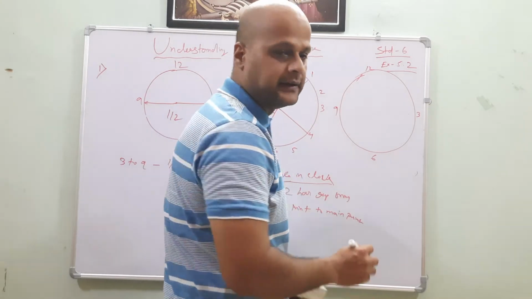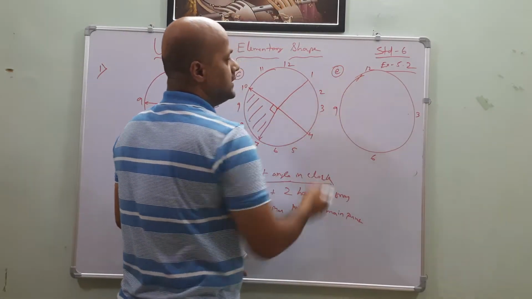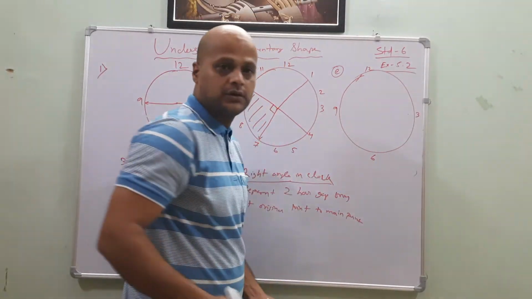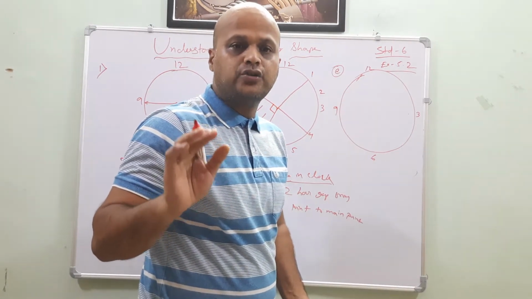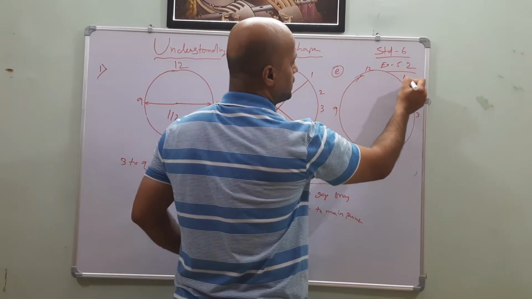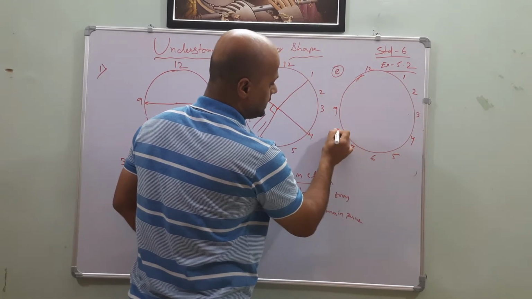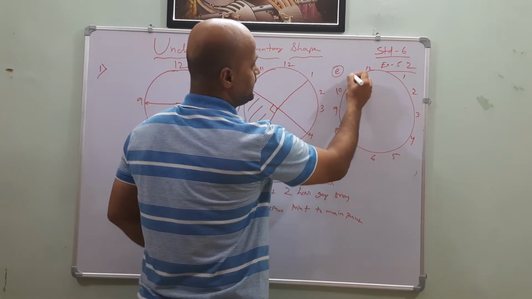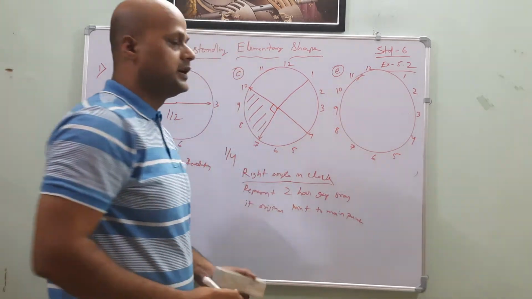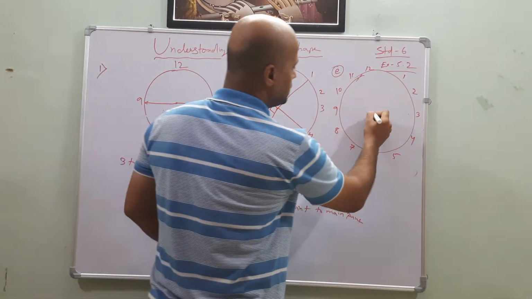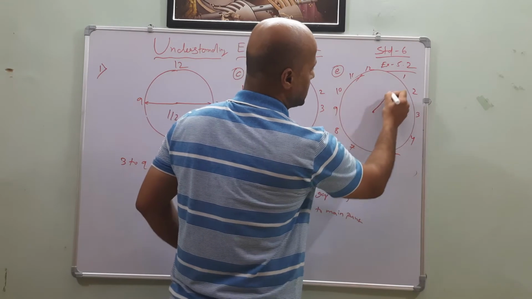Now come to another one, E. It is saying 1 to 10. Now draw it here. 1 is not there, so you have to write everything. Again, it is creating a difficult one. The hour hand starts from 1.